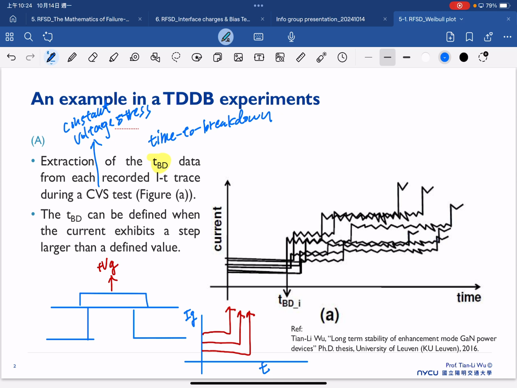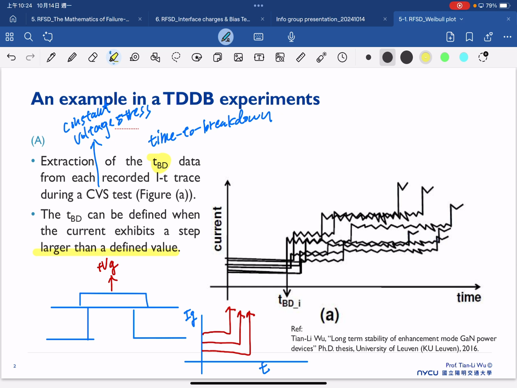And the next question is, how do we define the TBD? The TBD can be defined when the current exhibits a step larger than a defined value here.